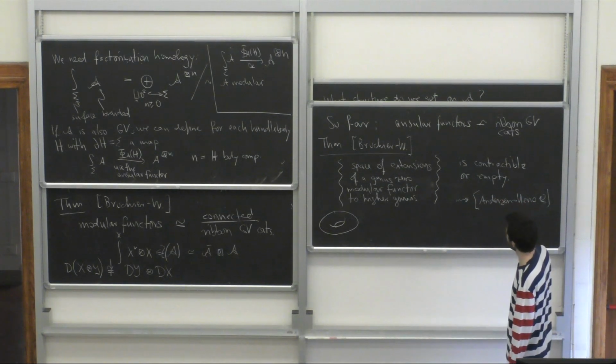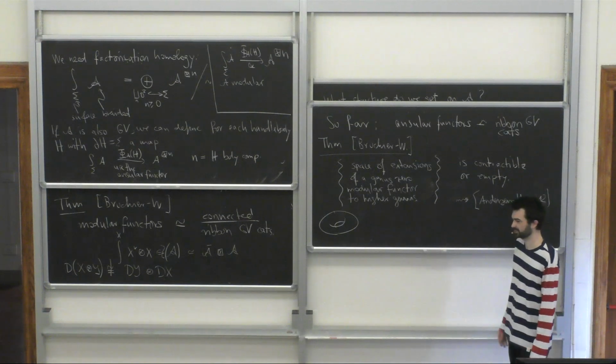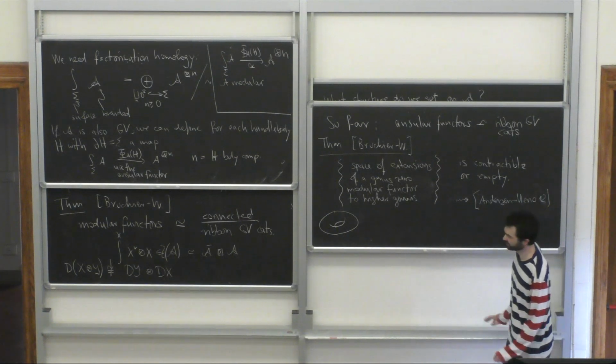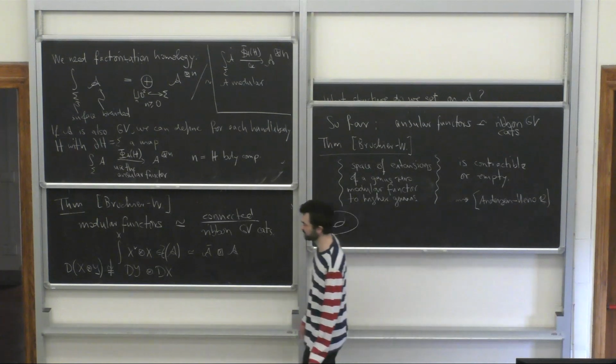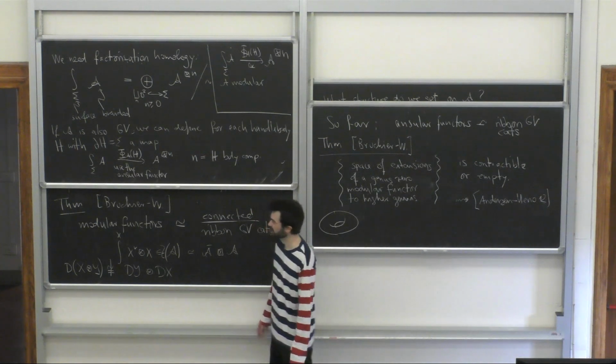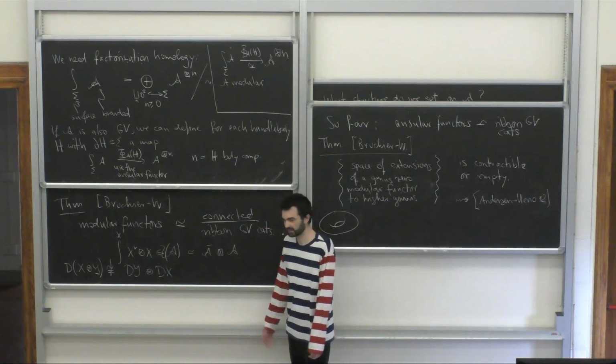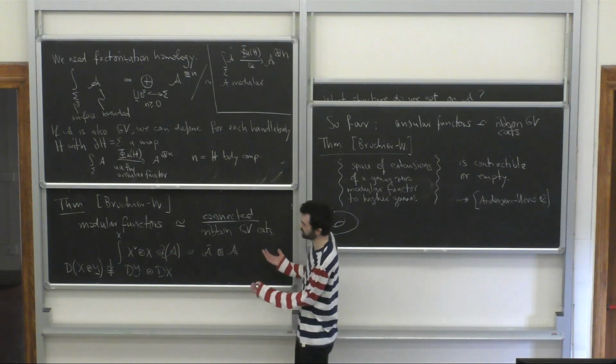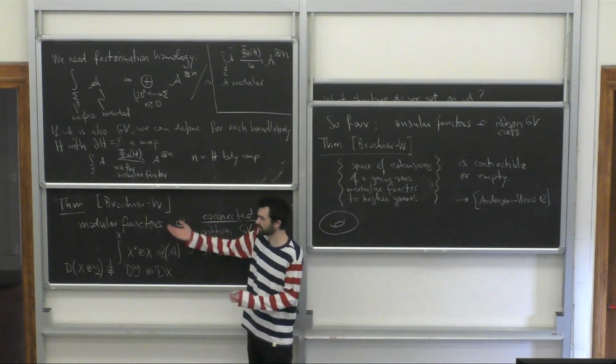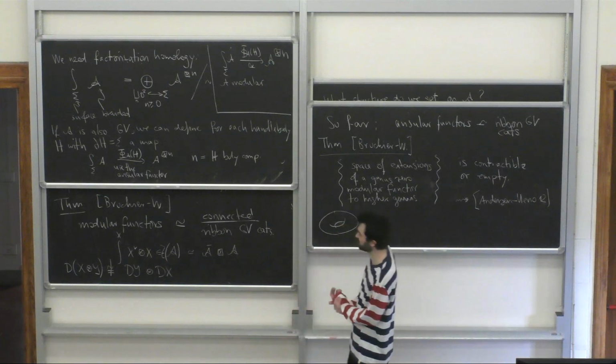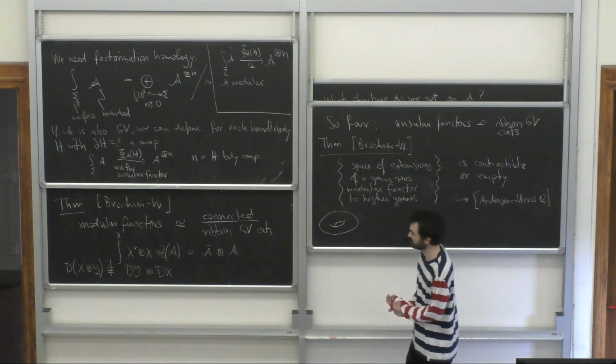But that's a good question, actually. So far, we concentrated on the cases where it actually works, because the purpose was to actually construct the modular functors and understand the existing ones better.